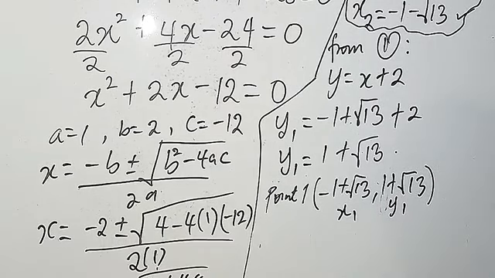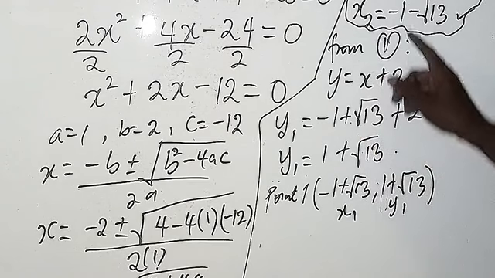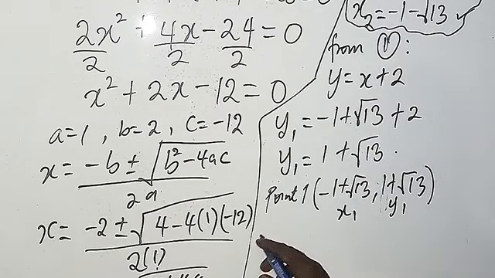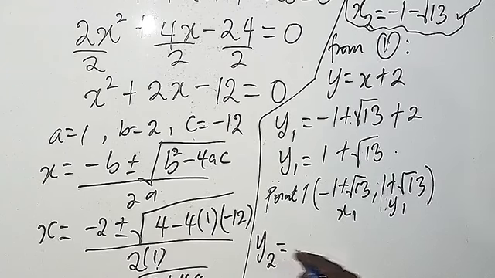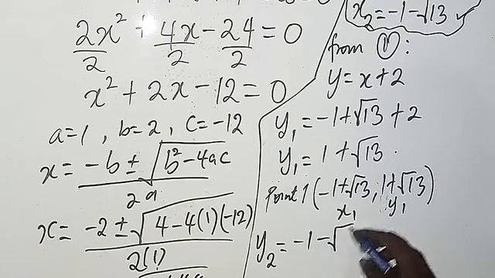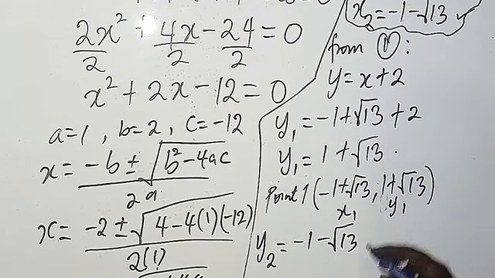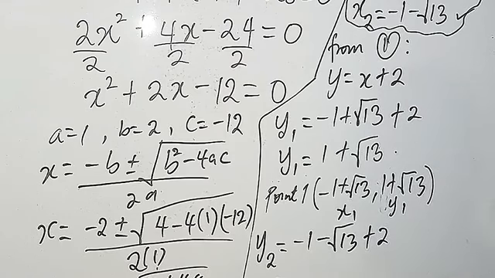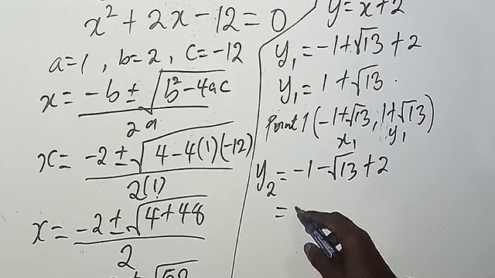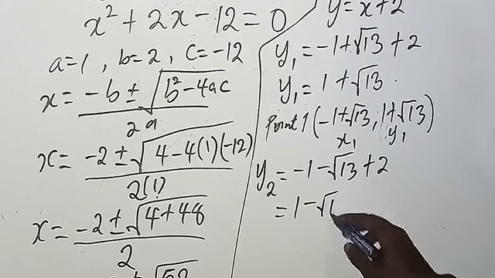Now we pick the second value of x to get y2, when x2 is minus 1 minus root 13, then plus 2. This also gives 2 minus 1, so we have 1 minus root 13.